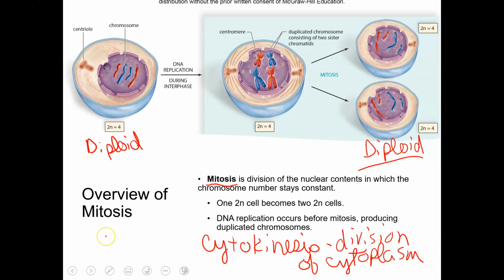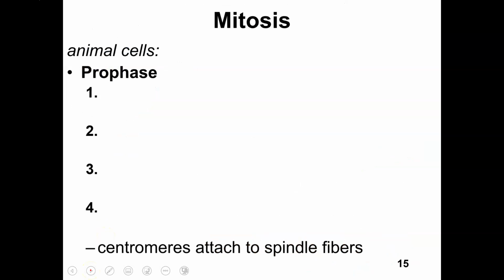Okay, so let's look at the different stages of mitosis. The first stage of mitosis is prophase. And prophase is often separated into two or three parts. We have early prophase, and then prometaphase or late prophase. I typically just say prophase. So this is all this first step.